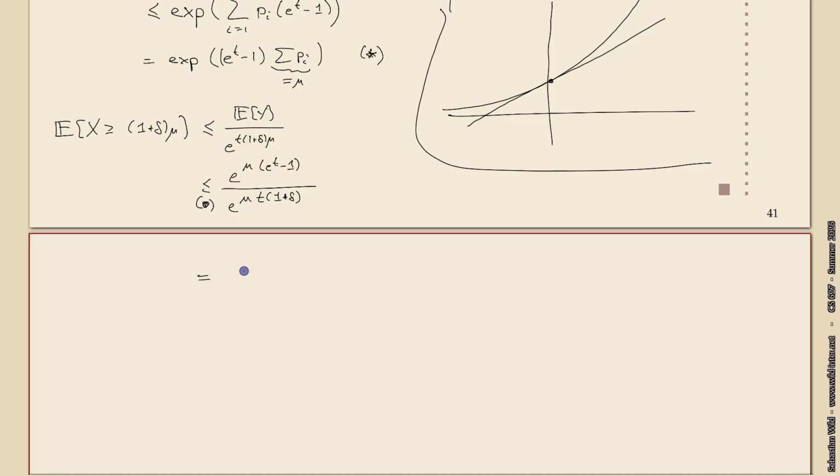Why doesn't e to the mu simply cancel? Because it's a minus. Sorry, you cannot pull it out at this point. I confused myself. It's e to the this minus this, so you can't pull it out yet.